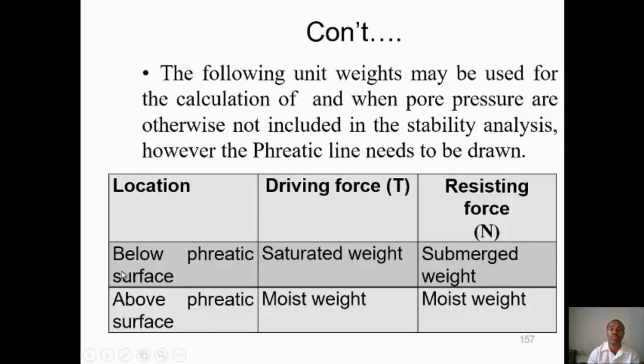If it is below the phreatic line, below the phreatic surface, you will take the driving force T and the resisting force N. N means W cos theta, and T means W sin theta, as in the previous free body diagram for a single slip surface, which is for a cylindrical unit. And above the phreatic line, you will take the moist unit weight. So saturated, submerged, and moist unit weights you will take.